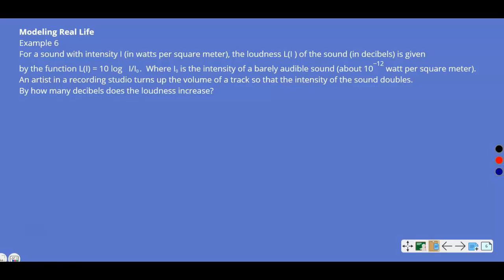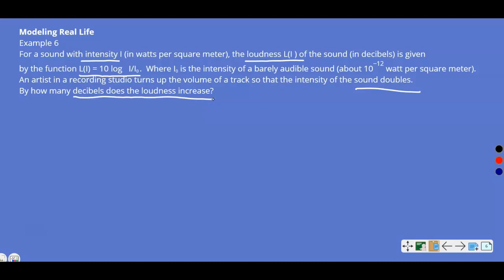All right, so intensity is I, loudness is L of I, and then they give us this function here, and I sub 0 is the intensity of a barely audible sound. So an artist in a recording studio turns up the volume of a track so that the intensity of the sound doubles. So we need it to double. By how many decibels does the loudness increase?